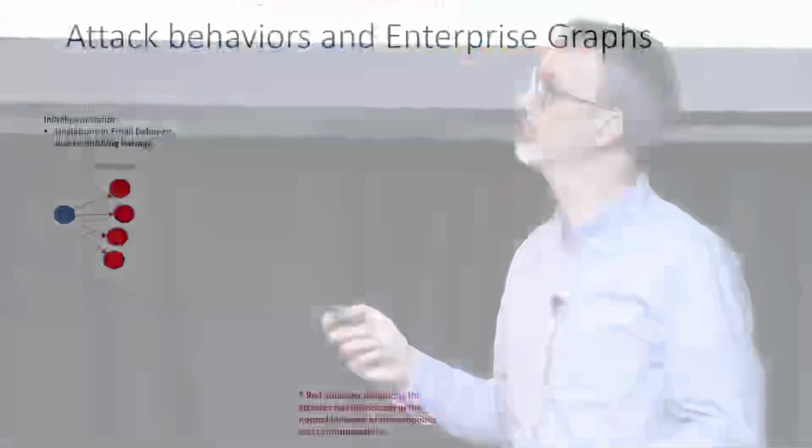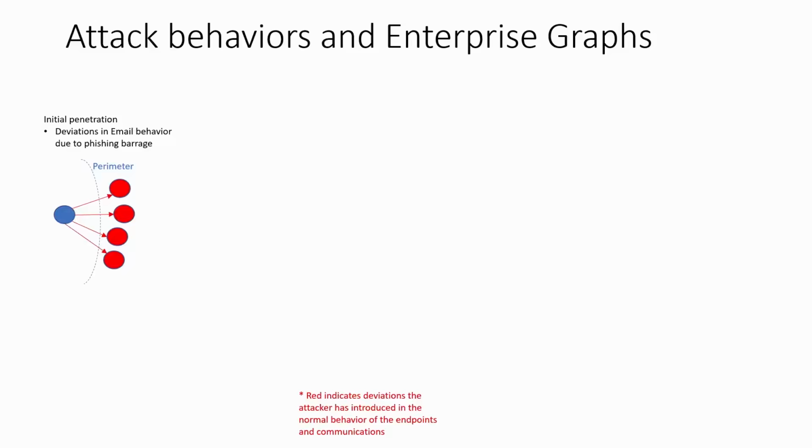So for those two reasons, they don't tell us what they do, we don't have good labeled data, and the data of today is not necessarily representative of the attack behaviors tomorrow. We typically do unsupervised methods, so that's going to sort of set up some of the discussion about the attack behavior and what we're going to do about it.